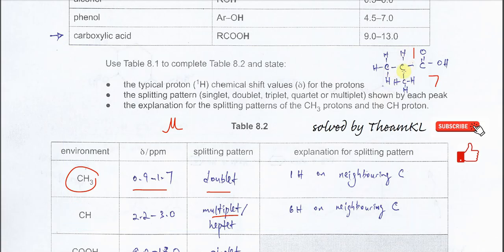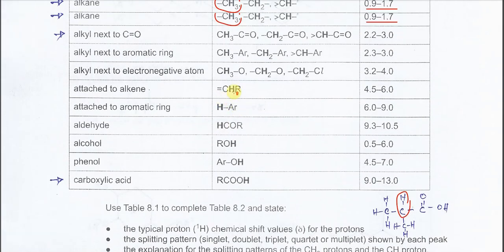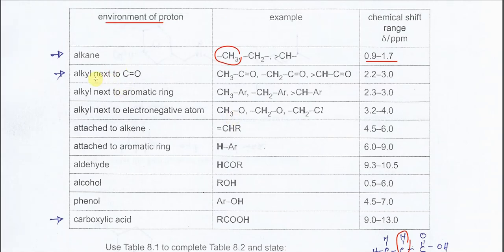And the chemical shift for this CH is what? You have to look carefully, because the CH is actually bonded to 2 groups. One is alkane, another one is the C double bond O, the carbonyl. When the alkyl, in this case the CH, is next to a C double bond O, its chemical shift needs to be 2.2 to 3.